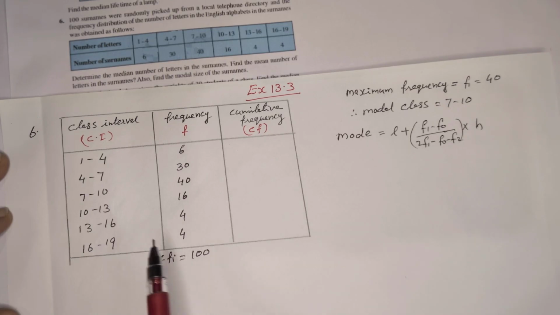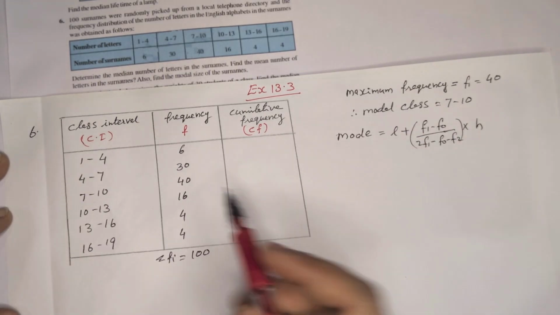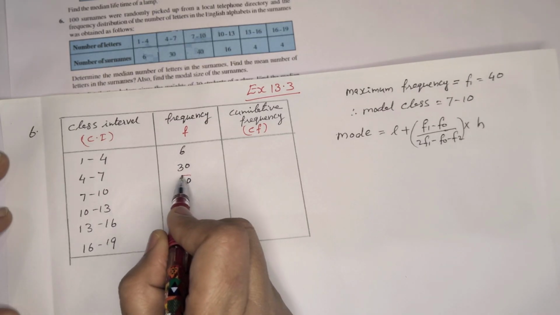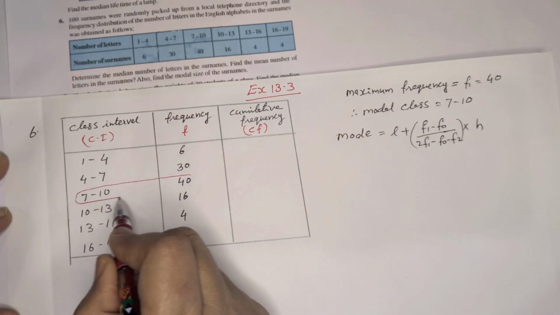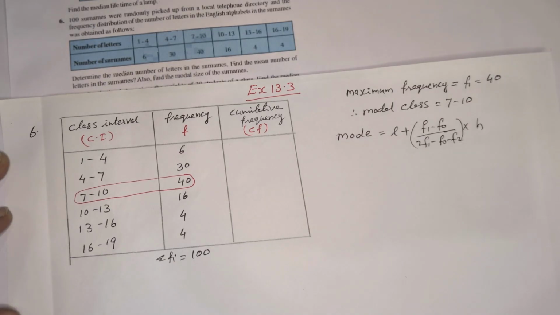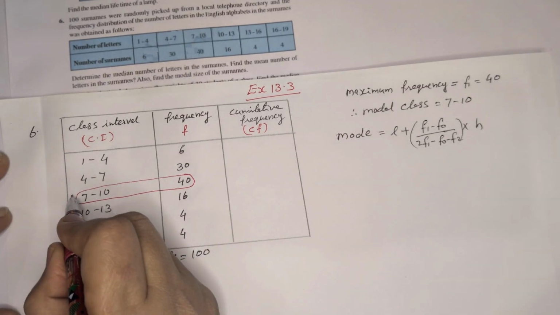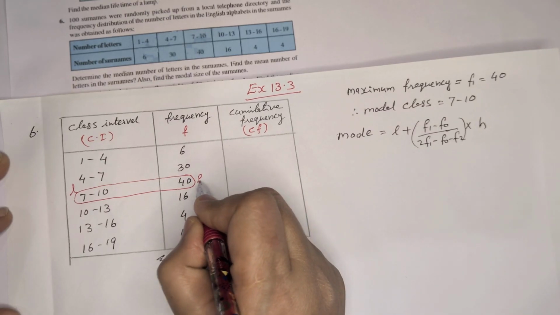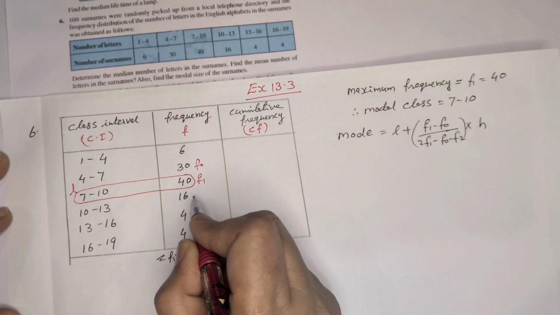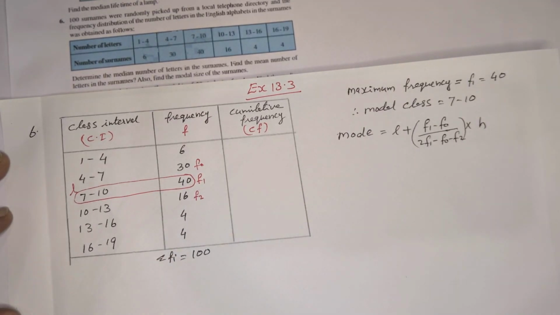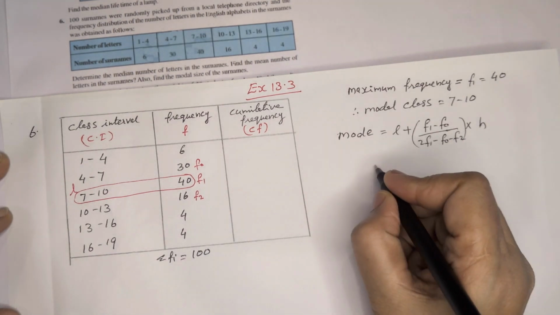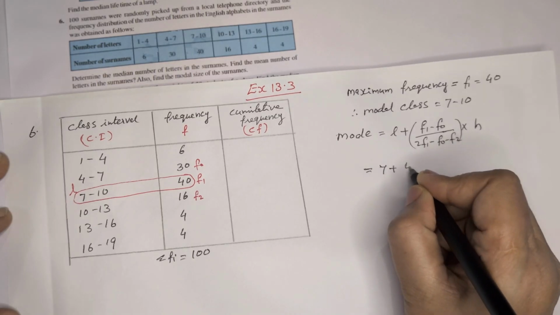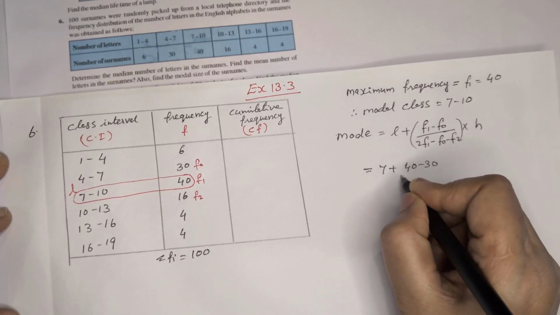So first we can do the mode. Here maximum frequency is coming 40. So we can take the modal class, that is 7 to 10. This is the modal class. Now L is 7 and F1, F0, F2. So when we are putting these in the formula, mode is equal to L, 7, plus 40 minus 30 by 2F1.